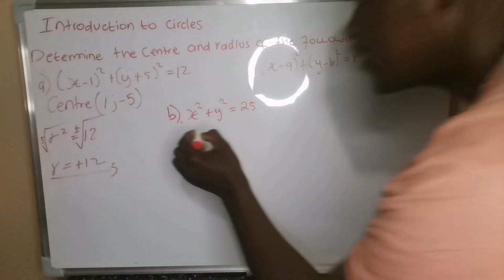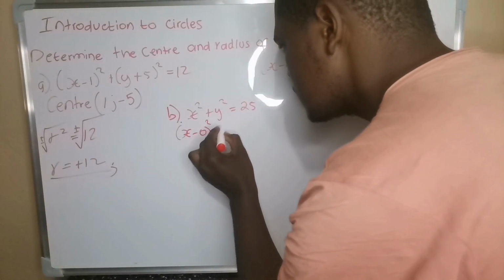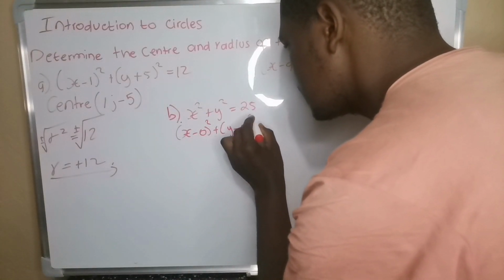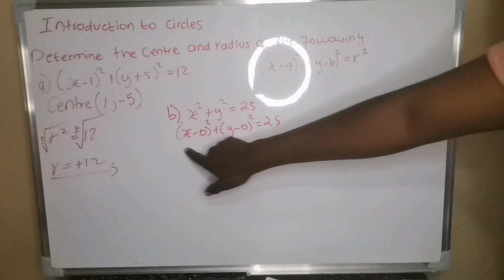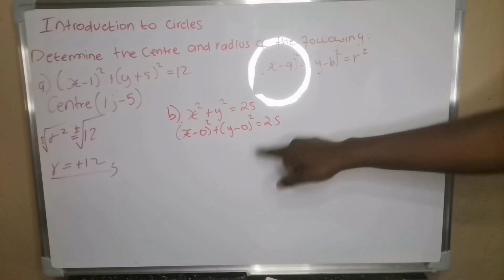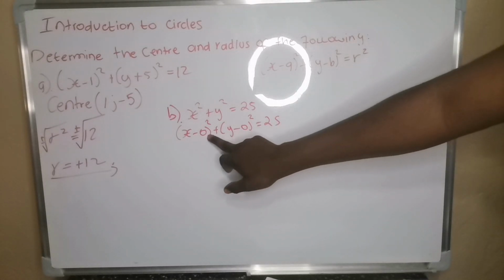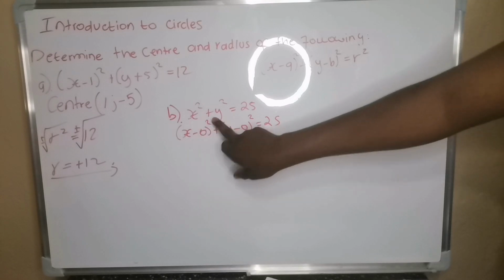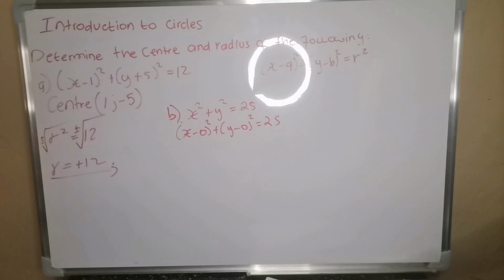Remember, this expression on my left is the same as this one. I can say x minus 0 is still x squared. y minus 0 is still y squared. They're the same.